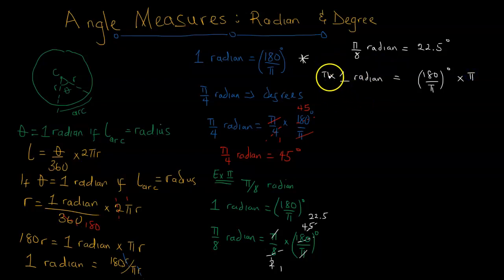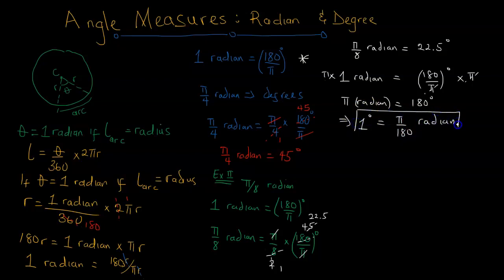And on the left, I'm going to have pi times 1, that's pi radian, equals, pi is going to cancel pi here, 180 degrees. And dividing both sides by 180, I'm going to have 1 degree equals pi over 180 radian.